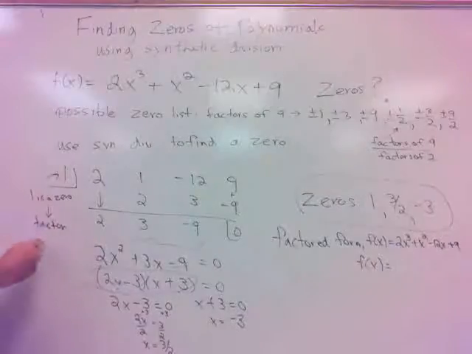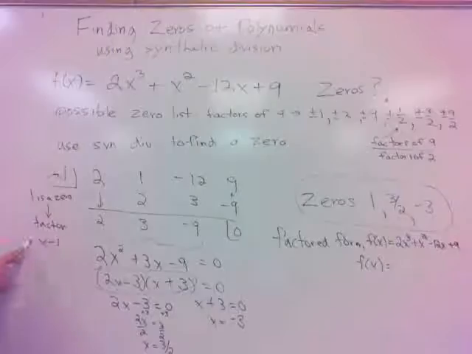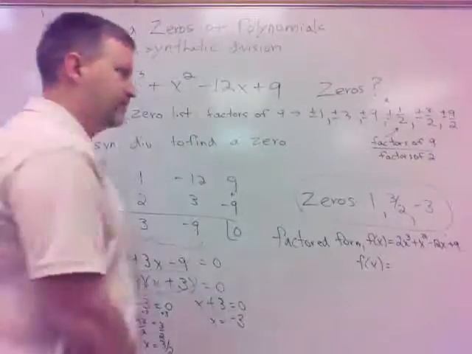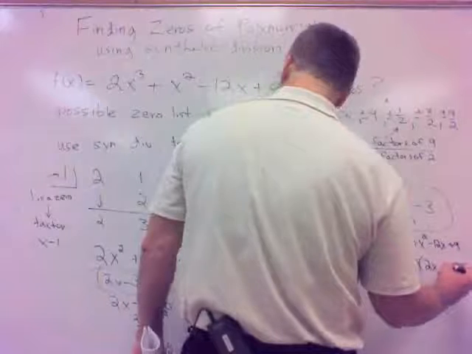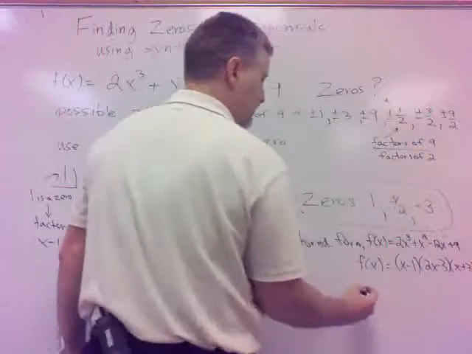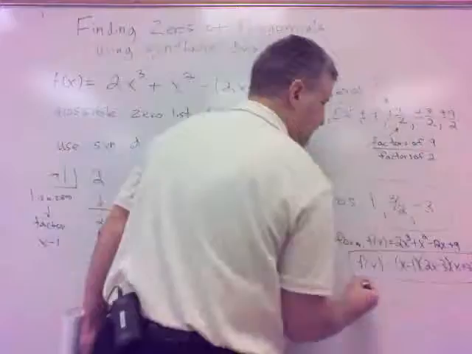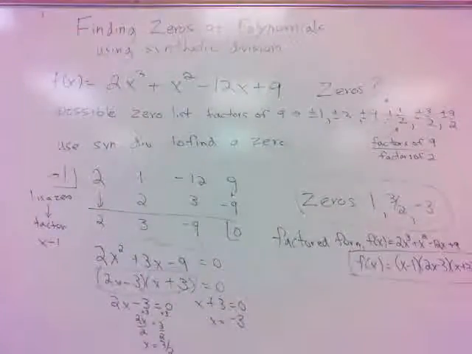Wouldn't it be x minus 1? So here's my three factors: x minus 1, 2x minus 3, and x plus 3. With me on that? So factored form, if you want that, you can get that too. All right?